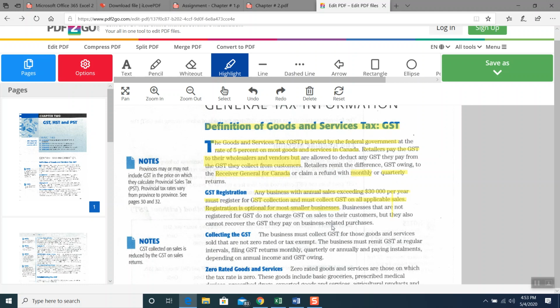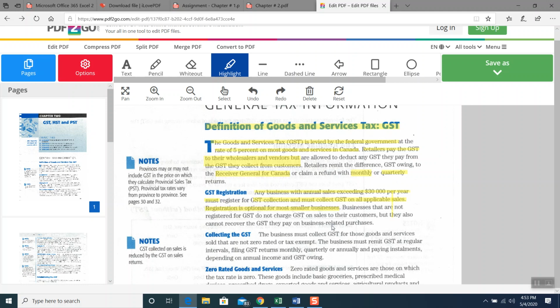Anything less than $30,000 per year in sales, for example 29,500, 19,000, 16,000, or 14,000.